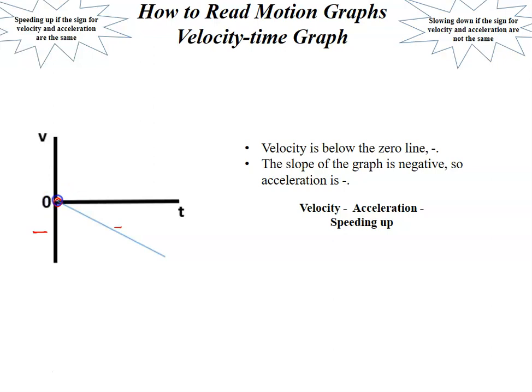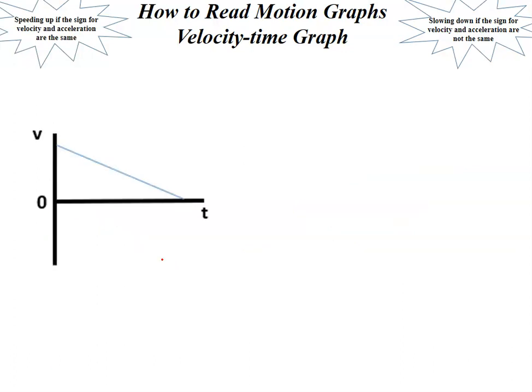Notice it starts at a velocity of zero and it gets to a velocity that is not zero. The negative is just direction, so it's a velocity that is bigger than zero in the negative direction. So the slope is moving away from the zero velocity. This is speeding up.